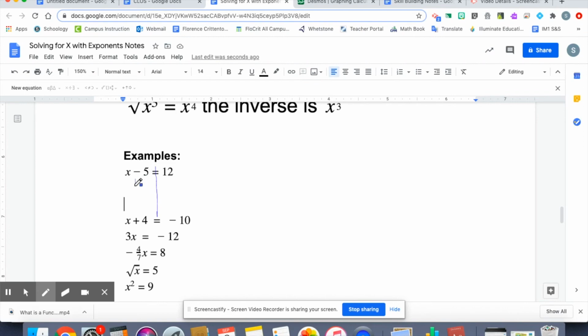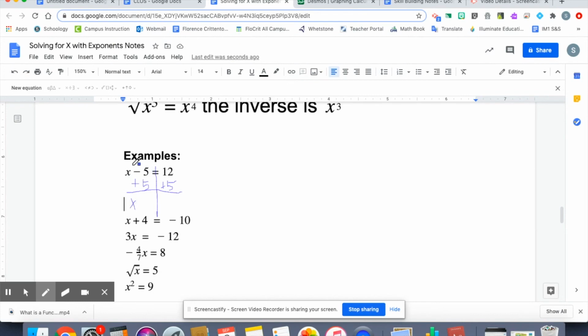The inverse of subtracting is adding, and adding 5 undoes the fact that we subtracted 5. But I always have to keep my equations balanced. So if I add 5 to the left half, I also have to add 5 to my right half. So then when I do the math, this x, nothing happened to it, nothing's beneath it, so it comes down.